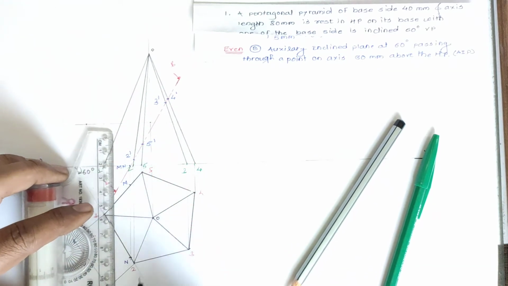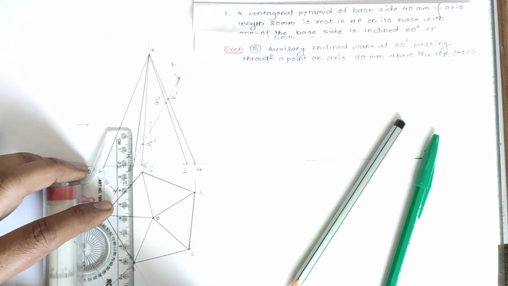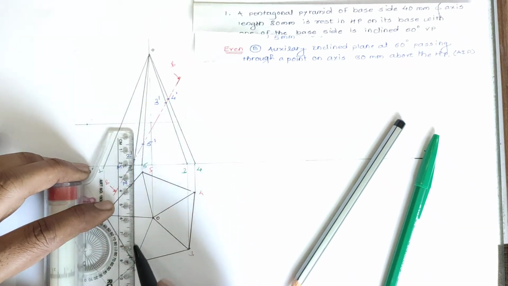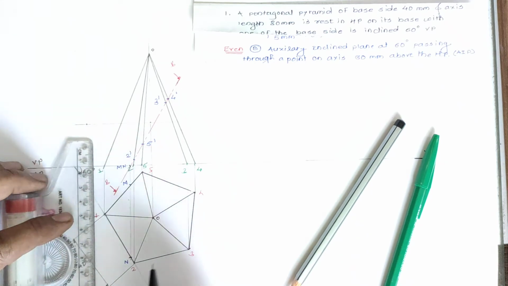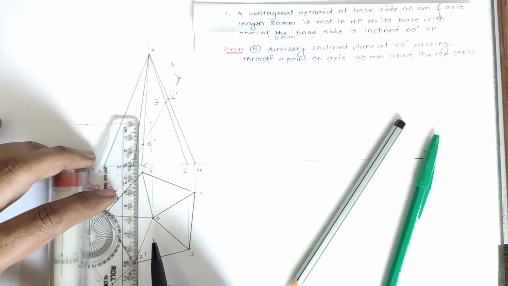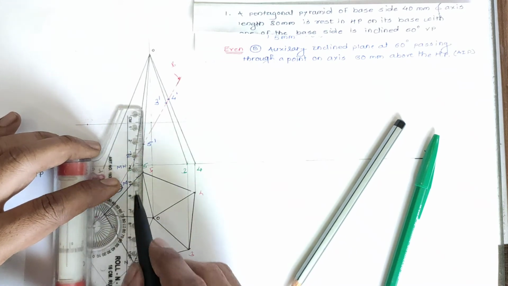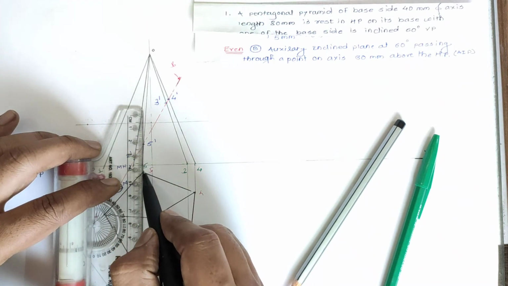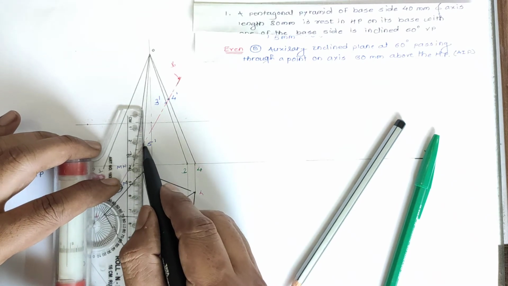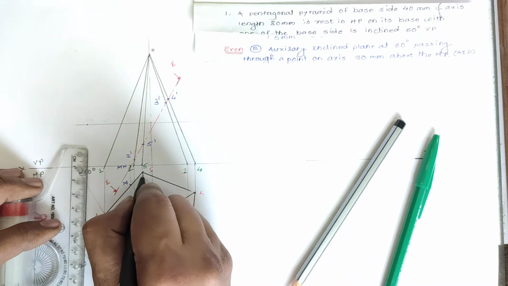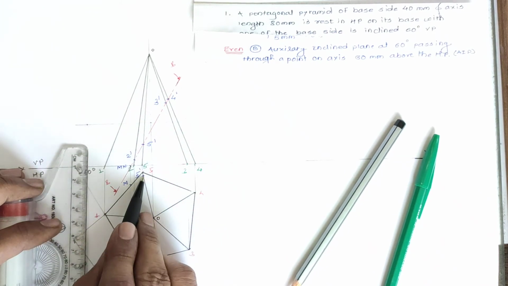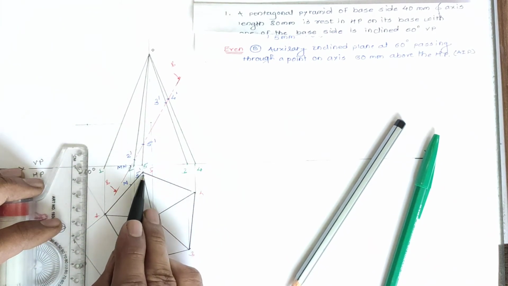Point number 2: take it on the slant edge, so point 2 on the slant edge, 2 dash on 5 dash. Draw the vertical projection line. Point 5 dash, that is a cutting point, take the vertical projection line.